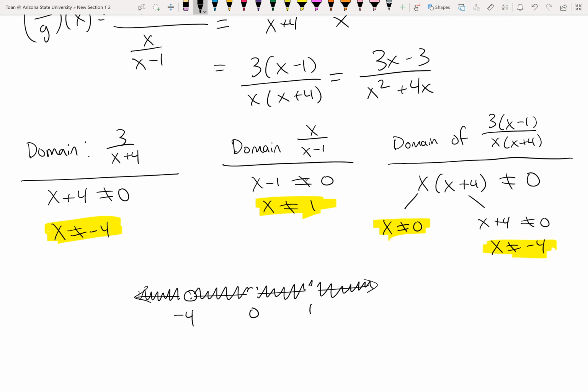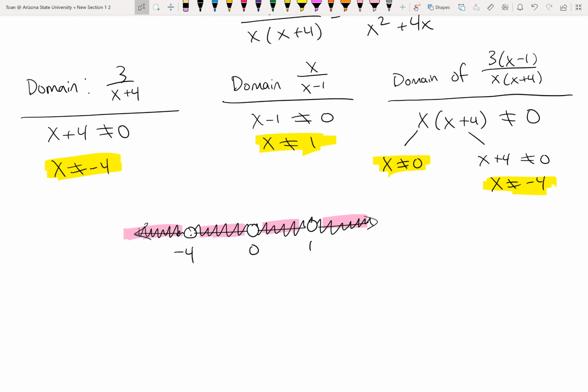What's left over are these gaps here. So I hope we can see that our domain is broken up into 4 pieces. This piece, this piece, this piece, this piece, and now all we have to do is write it out in interval notation, right? And by writing out this way, by doing a number line, you can just see it.